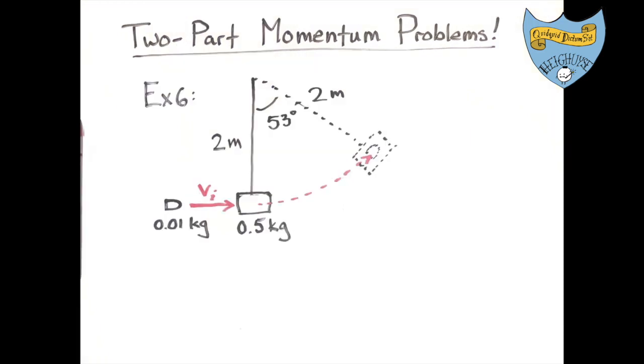The specific example that I'm going to look at today from your notes packet is example 6, in which they present you with a ballistic pendulum. The idea with a ballistic pendulum is that you've got something like a bullet, usually, that's going to move forward, embed itself in this pendulum arm, and then the pendulum arm swings out to some particular height, and then you are able to measure the angle to which it moves, and from that information, figure out how fast the bullet must have been moving in the first place.